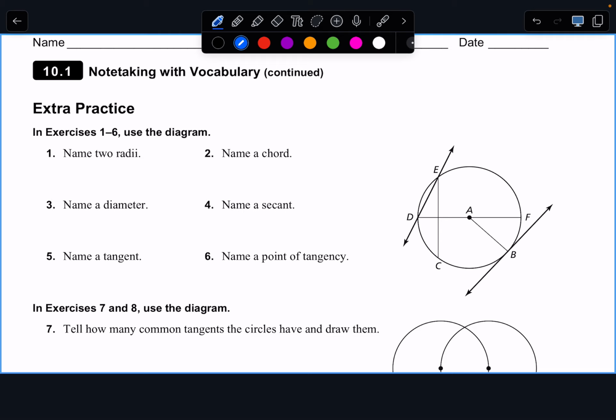Radii, segment or line? Segment. So if I name a radii, AB needs to have a segment hat, or AF needs to have a segment hat. Chord, segment or line? Segment. So if I ask you for a chord, EC is a chord and it gets a segment hat.